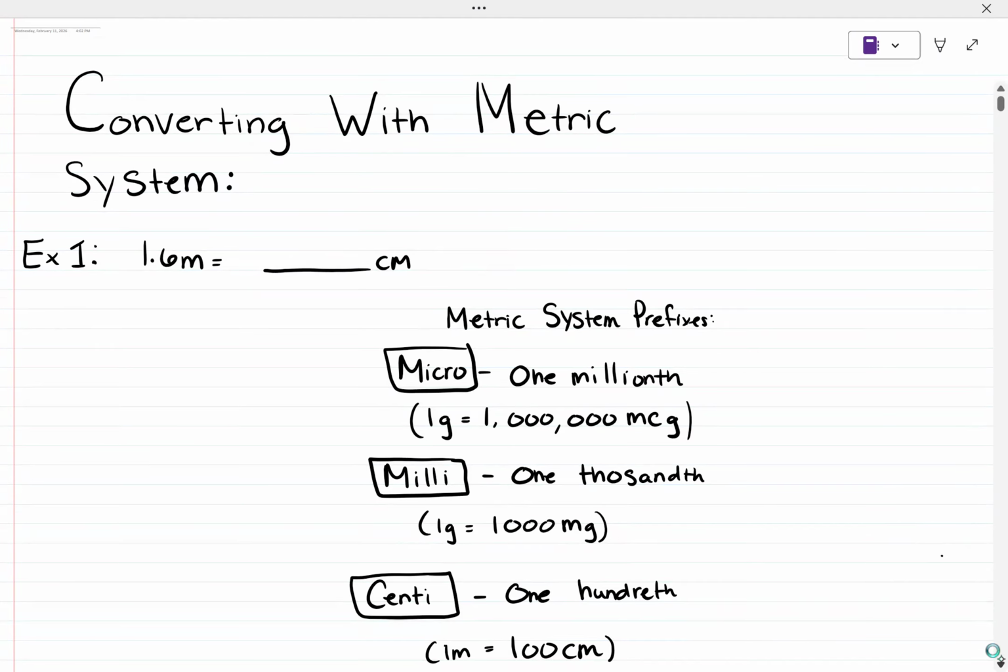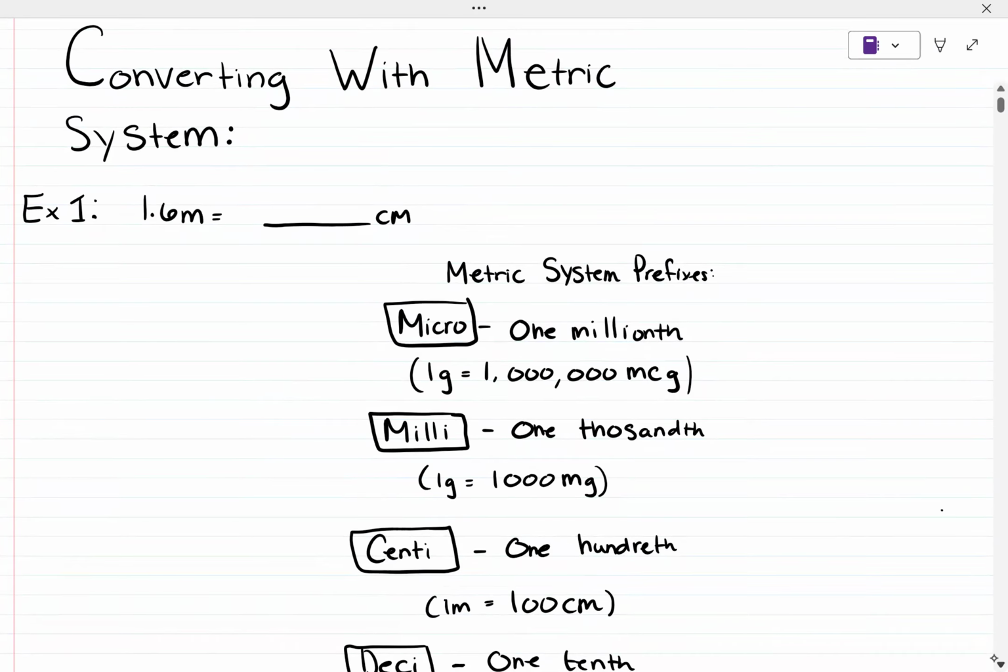This is something you must memorize. One micro is one millionth, so 1 gram is 1 million mcg. Milli represents 1,000, so 1 gram is 1,000 mg. Go ahead and write all these in your notes because we're going to use these.